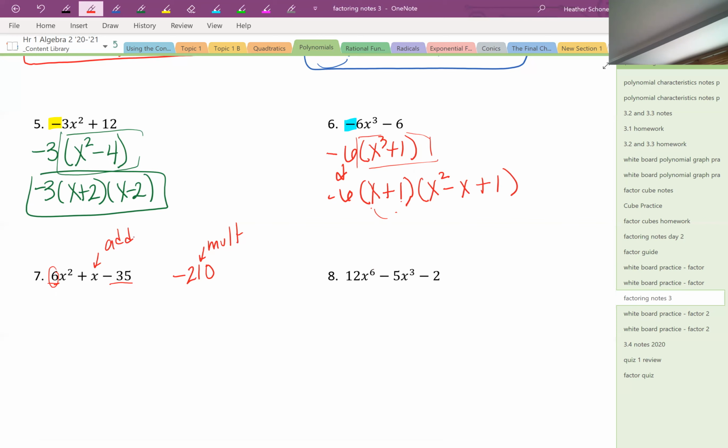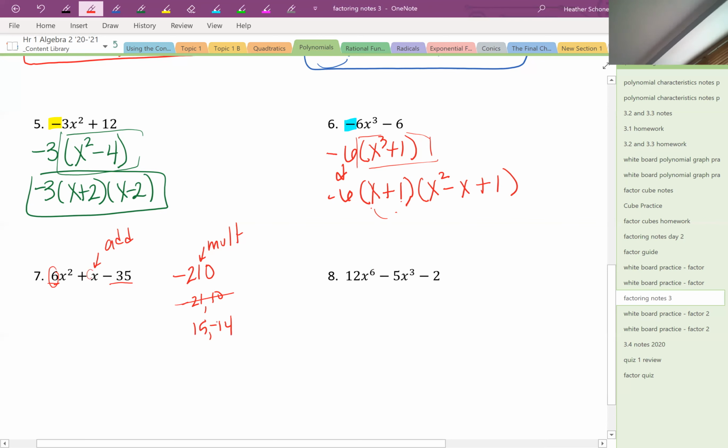Well, I know 21 and 10 would work, because they multiply to -210, but that's not going to work because they're not one apart, so that's not an option. So now I'm going to try 210 divided by 15. Oh, there we go. I get 15 and 14. Okay, but it's got to be a positive one, so the 15 has to be positive and 14 has to be negative. Okay, let's rewrite it.